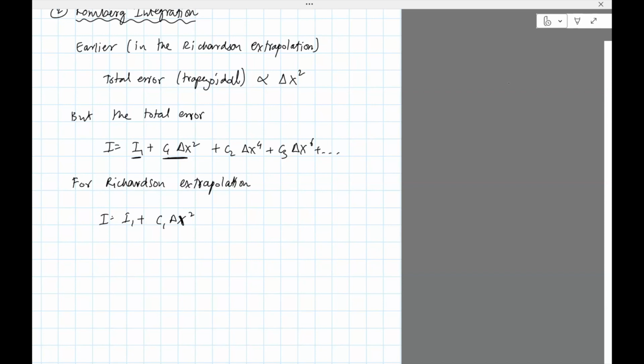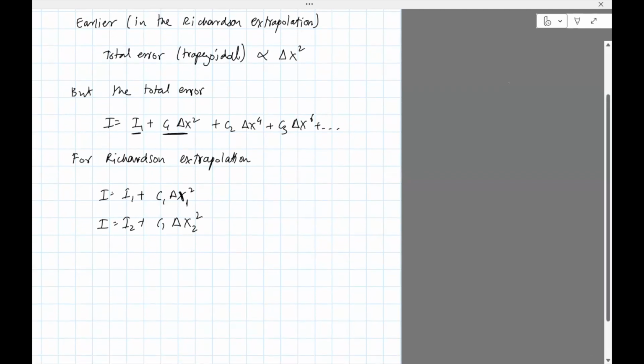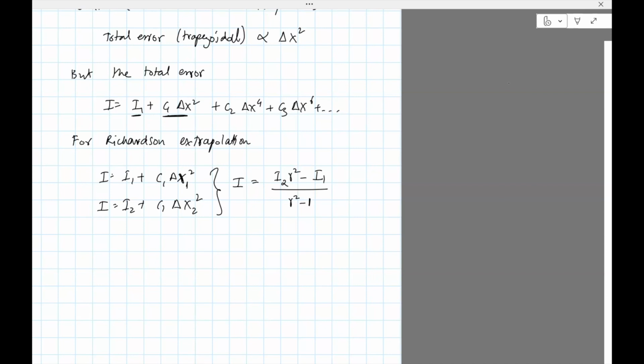Okay, and so then we wrote, if you have another step size, you can write it like this: delta x1 square, delta x2 square, and then based on these, you can write I equals I1, r square minus I1 divided by r square minus 1. Okay, so this is just a recap.